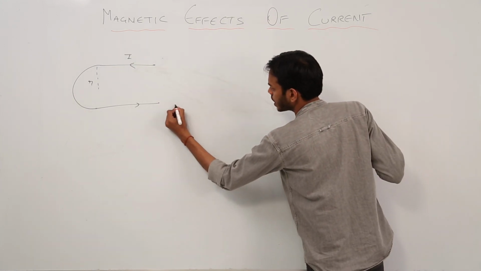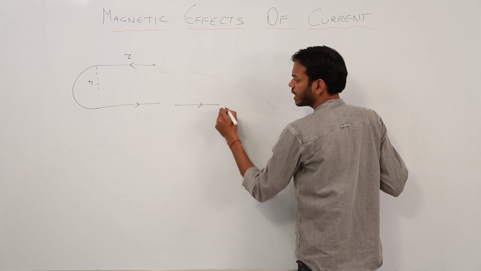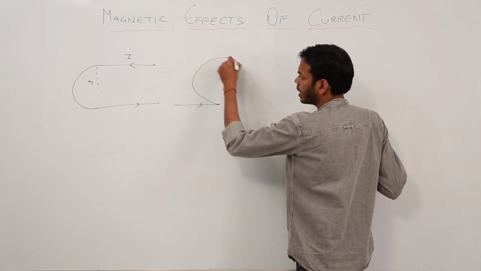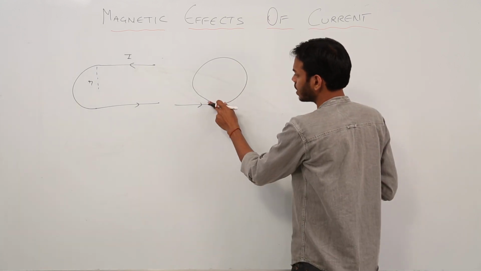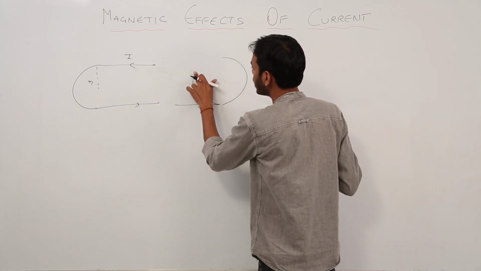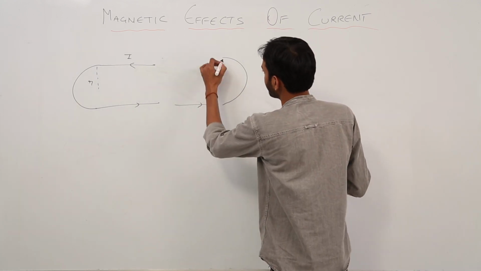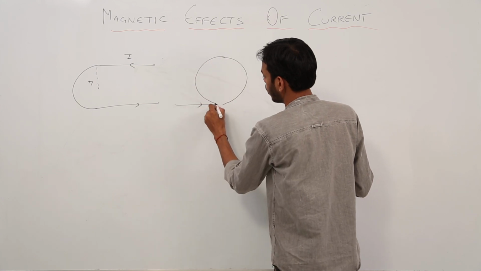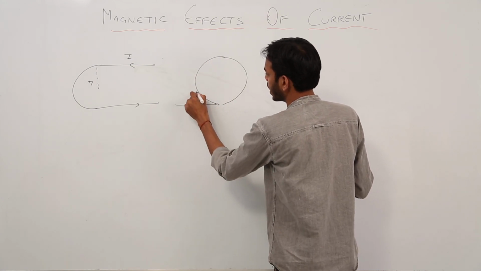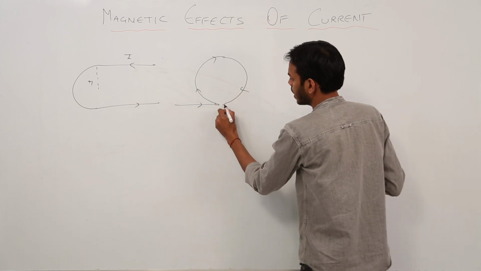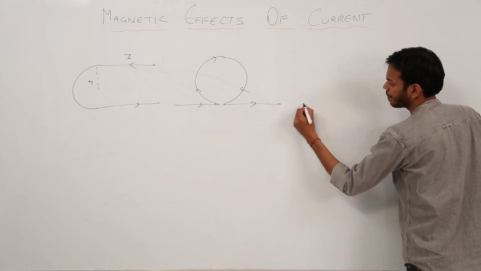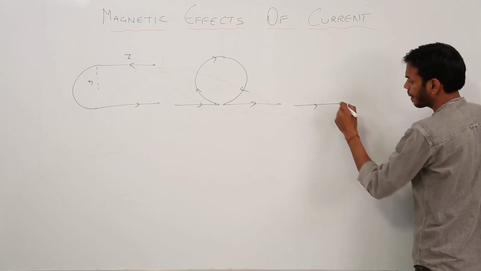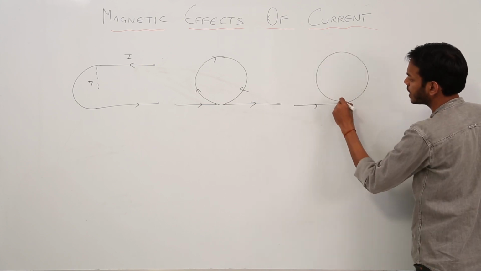The second diagram is, current is coming in this conductor and undergoes a circular path, which is a very weird circle. So I will redraw it. Now it is a bit more like a circle. And in the third diagram, current is coming like this and the circle is completed like this.